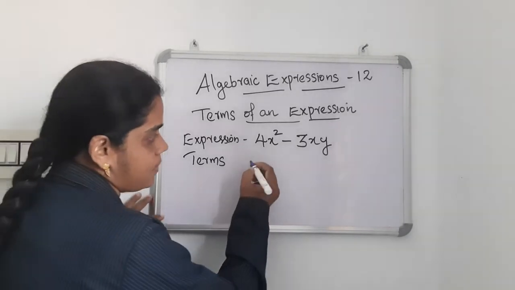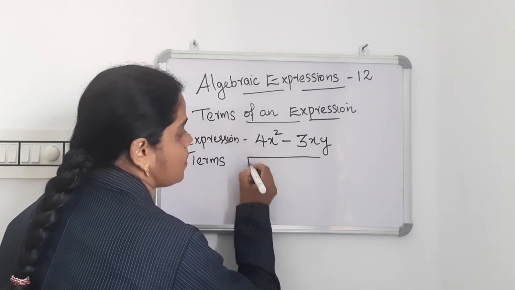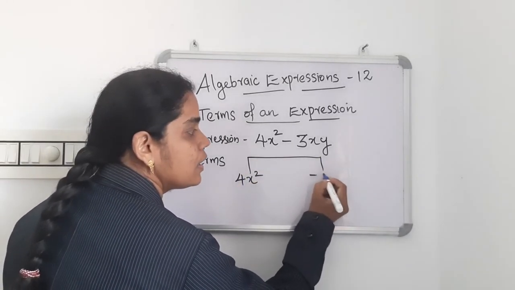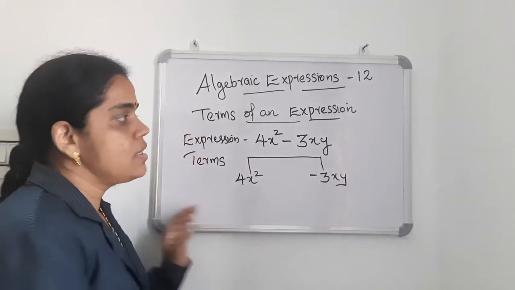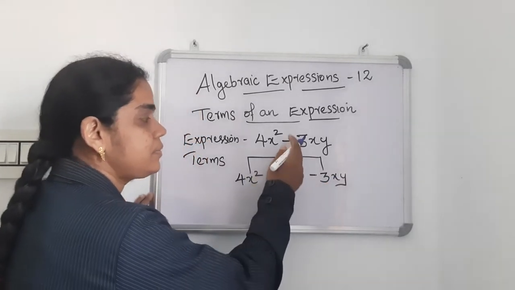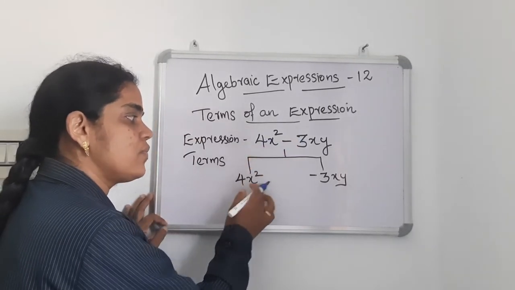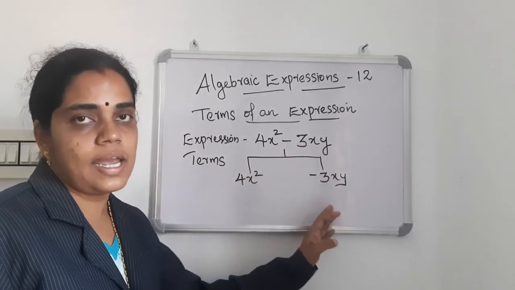So we can write the terms are 4x² is one term and -3xy is another term. So from this expression, two terms are there. One term is 4x² and the other term is -3xy.